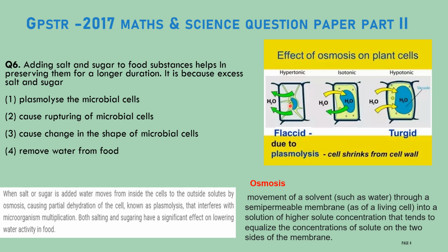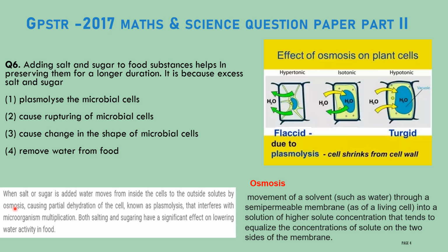Then water from the food will come out. You can observe the shrinking of the food cells, and even dehydration. Dehydration is nothing but removal of water from the cell. Let us see here. When salt or sugar is added, water moves from inside the cell to the outside solute by osmosis.